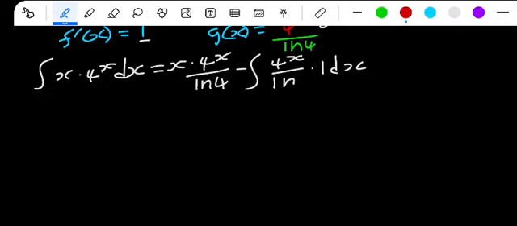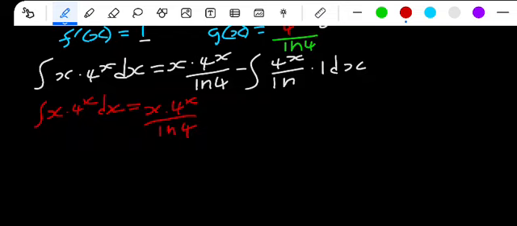On our left-hand side we still have what we're supposed to integrate. Then on the right side we have x multiplied by 4 raised to the power of x divided by ln 4 minus the integral of this.